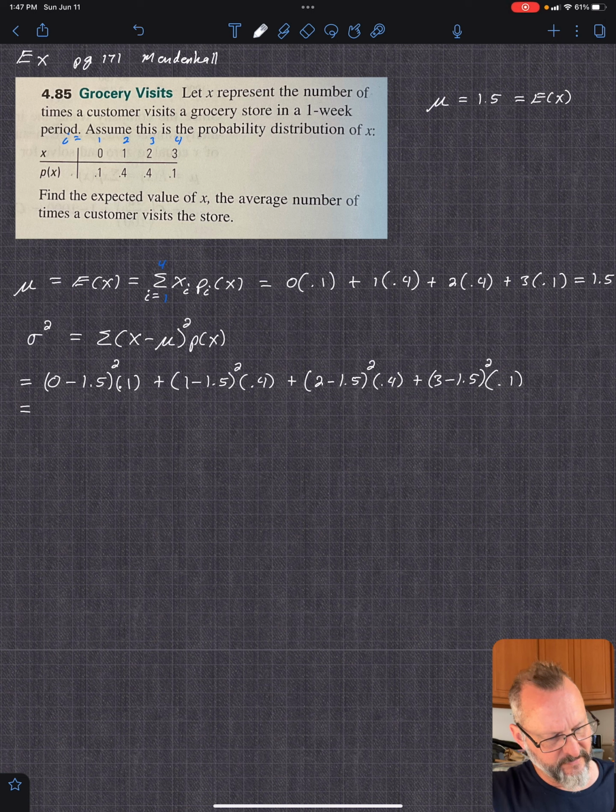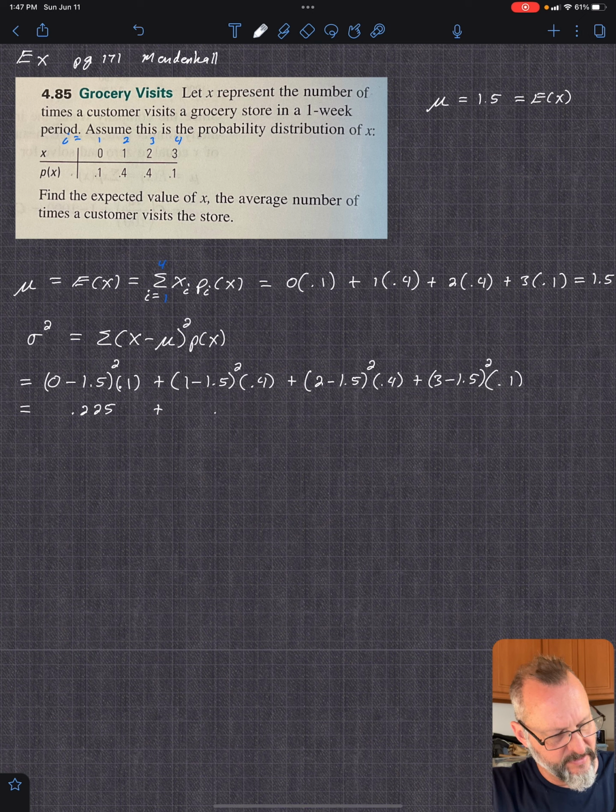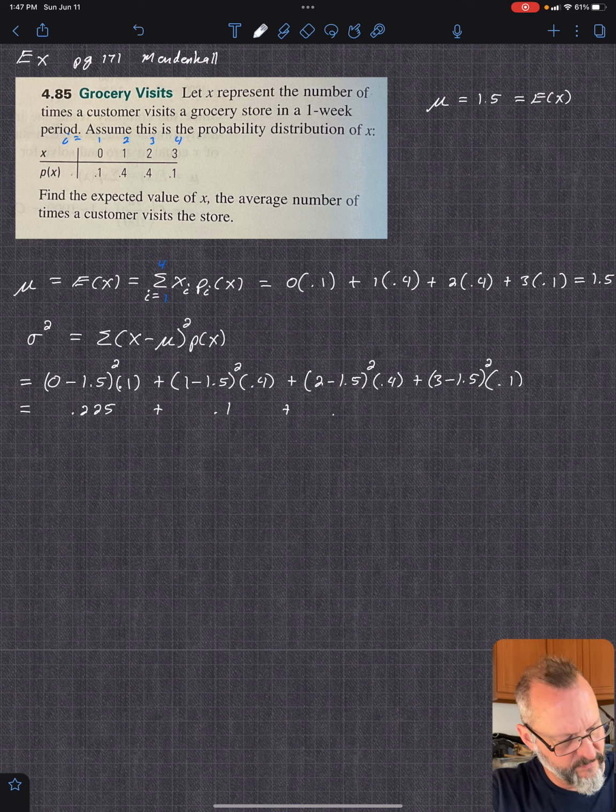And then I'm going to add all those up. I guess I should write it down because the way this works, it all stays on a stack and you can just add them up later. 0.1. Okay, and then 2 minus 1.5, and then you square it, and you multiply by 0.4, 0.1.